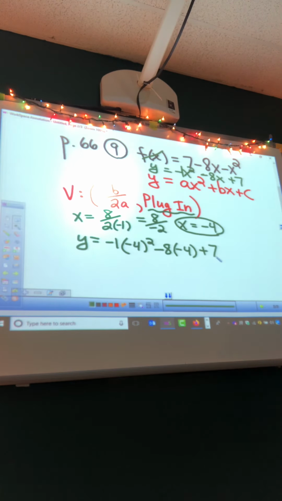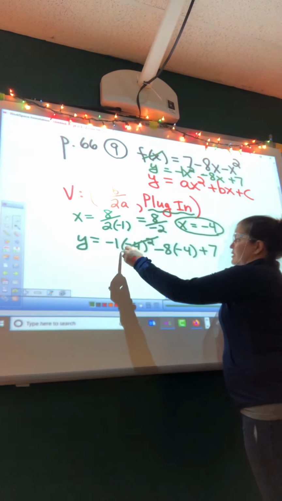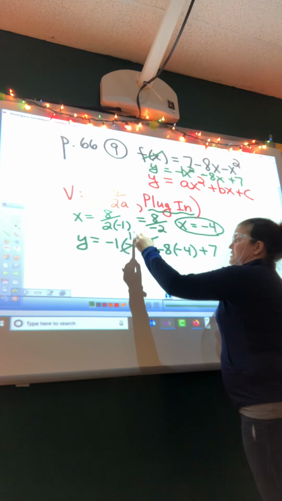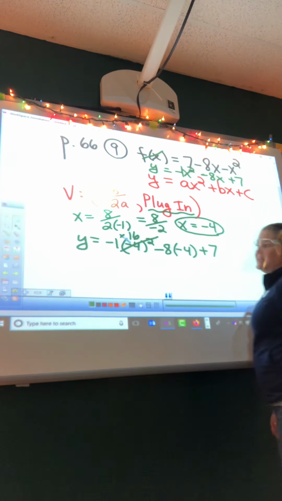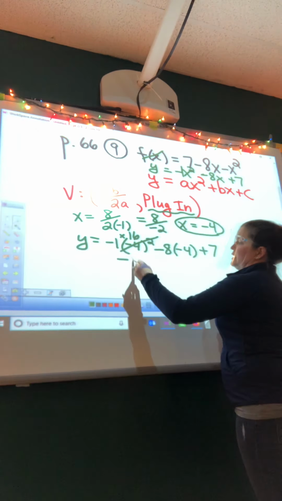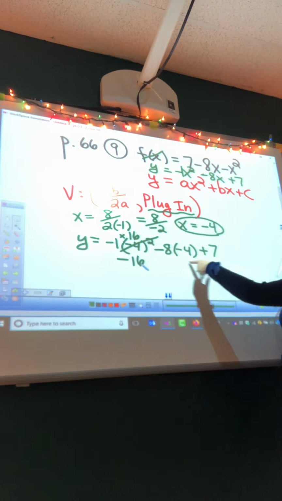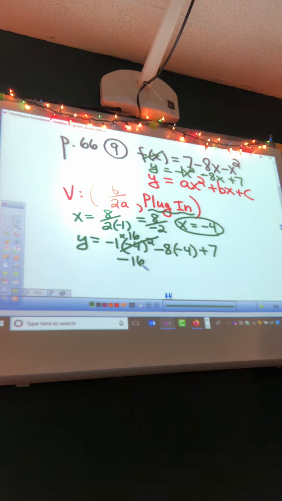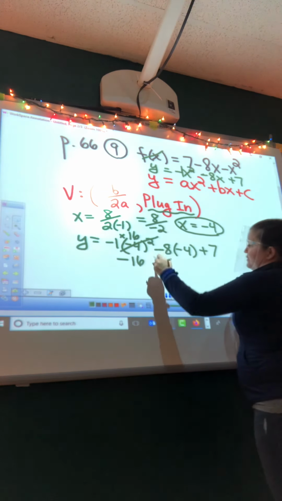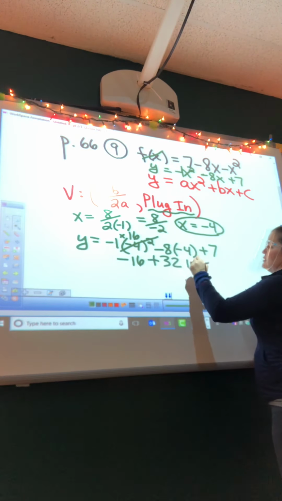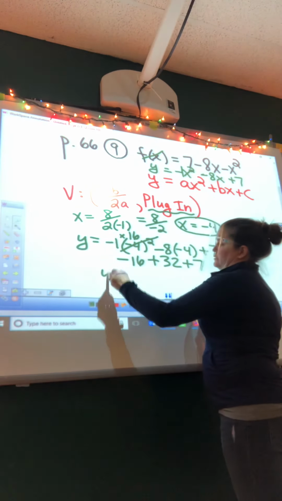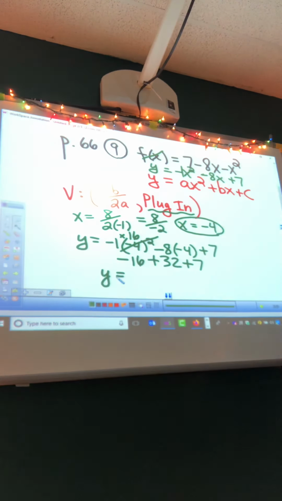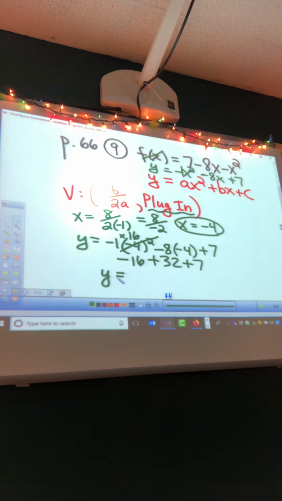So, negative 4 squared is really what number? 16. 16 times negative 1? Negative 16. Negative 8 times negative 4 is positive 32 plus 7. Doing the math, what are you going to end up with? 23?